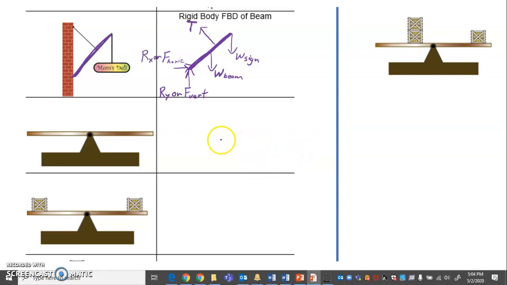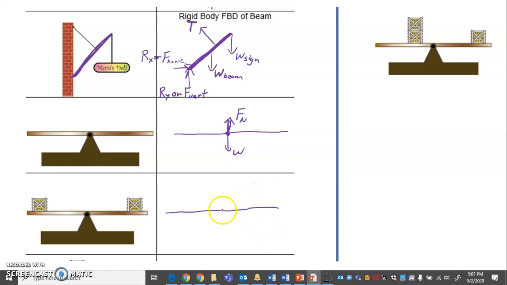Here's a simple one, the second example. We've got a beam, it has weight, and it has a support force or normal force. Okay. Here another fairly simple example.